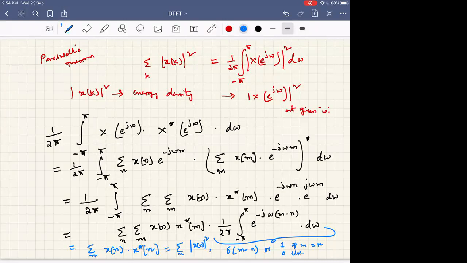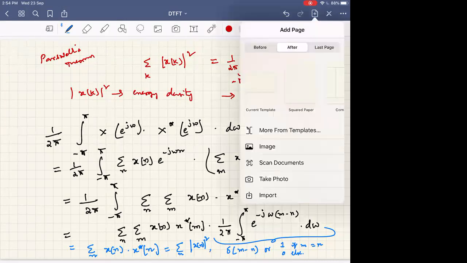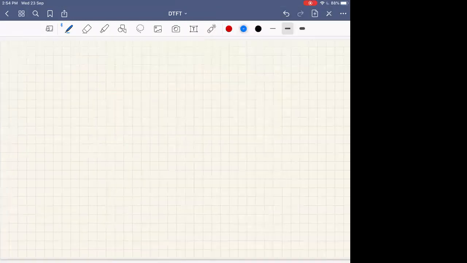Fine. Now let us go for the discussion on other kinds of properties, where we are trying to analyze the properties of x of n. If I say that x of n is real, what does it mean?